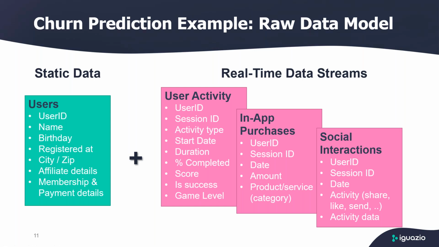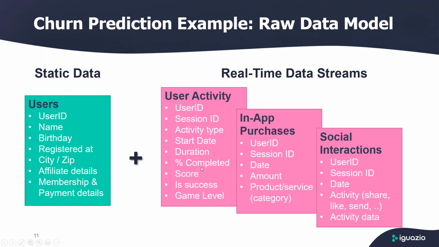User goes and plays a game, goes and clicks a button, and so on. There are transactions, like user goes and buys credits or tokens, or pays a monthly bill and so on. And then maybe other types of events like social interactions. User does a like, user shares something. Social interaction can tell us something about churn of a customer.